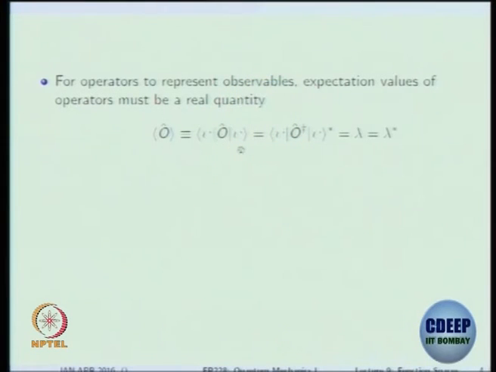So for operators to represent observables, expectation values of operators must be a real quantity. Suppose you take the eigenvalue equation which we had, O on psi was lambda times psi, and use the state psi to be normalized. Suppose the state is prepared in a specific psi, you are given the physical system is in this state psi, and you are asked to find the expectation value of some operator.